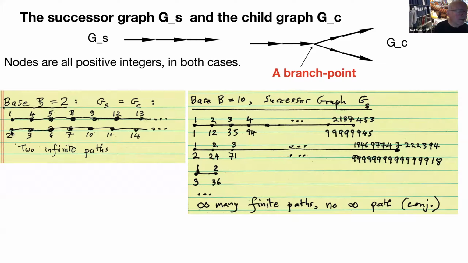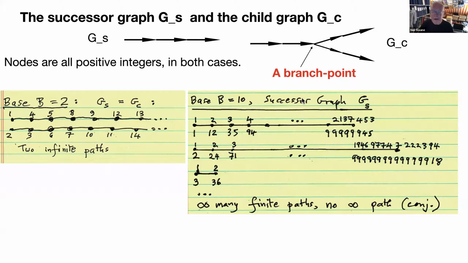And if you begin at 2, you get the complementary sequence. Here you get numbers that are congruent to 0 or 1 mod 4. Here you get the others, congruent to 2 or 3 mod 4. The successor graph in base 2 just has 2 connected components, and they're infinitely long paths. But that's special.